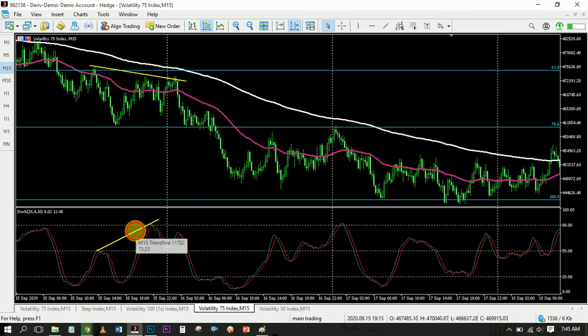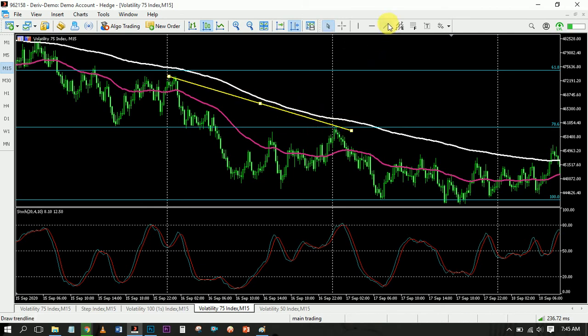Okay, you can see something like this here, to here. Then from here is the corresponding one right here. You can see this from here to here. You can see these levels here.